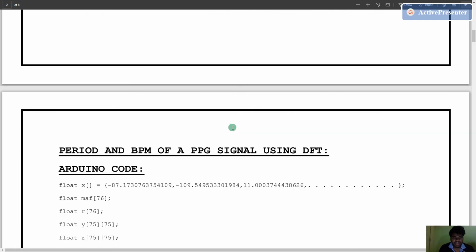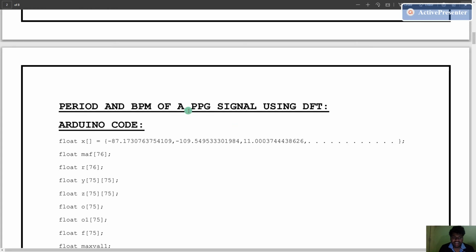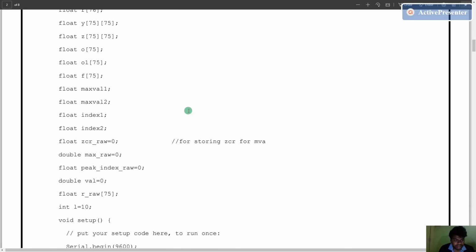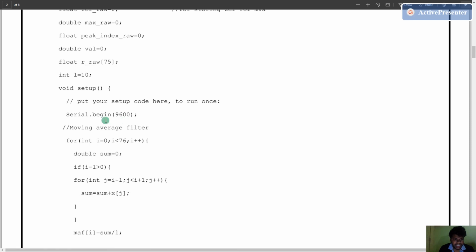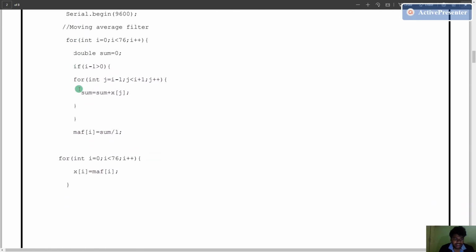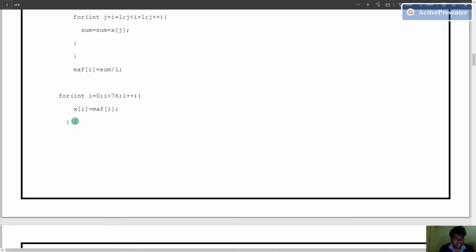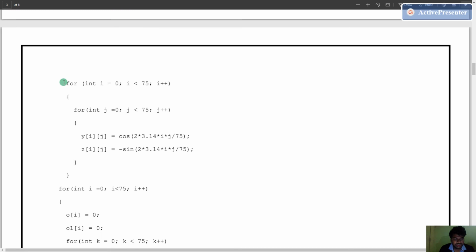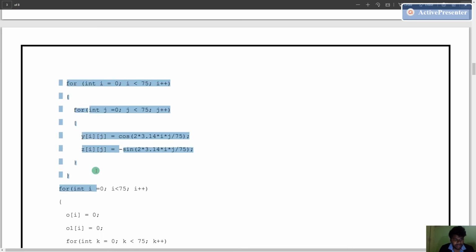Now let's look at the code for finding the period and beats per minute of a PPG signal using discrete Fourier transform. The code is as follows. Initially, we filter the original signal using the moving average filter of length 10, and then the filtered signal is converted into the discrete Fourier domain using this part of the code.